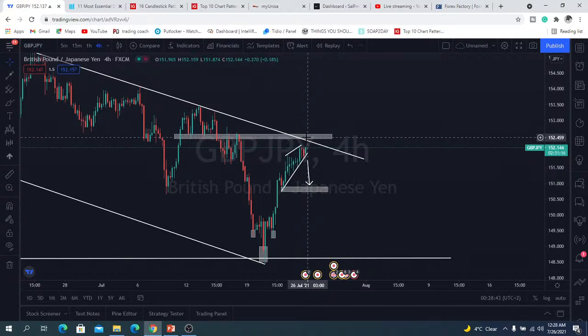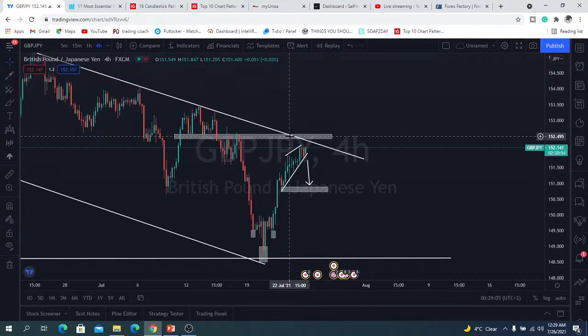This is the information that I share with my people. Once a bullish engulfing or bearish engulfing takes place at the trend line or at the area of sensitivity, you take action.